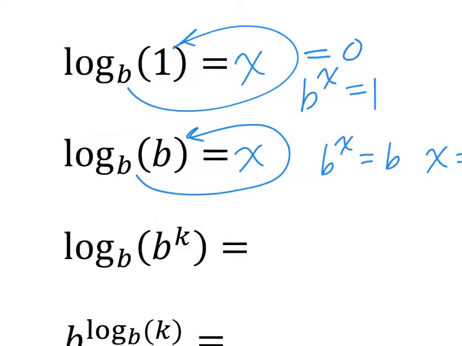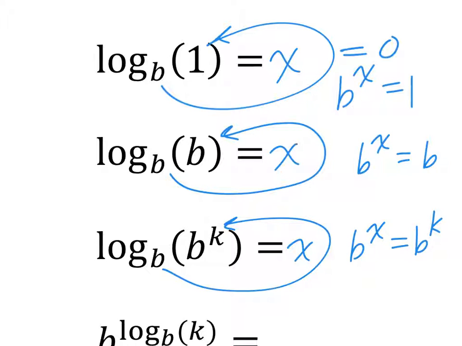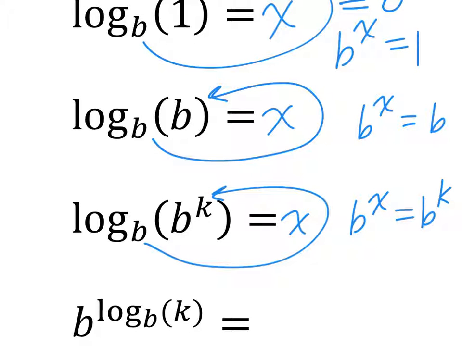And it's actually related to the next rule. So if we loop around, b to the x is equal to b to the k. What does x equal to? K. So here's the rule. If you have a log base and then the exponent has the same base, they just cancel.